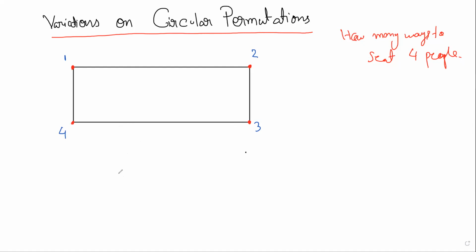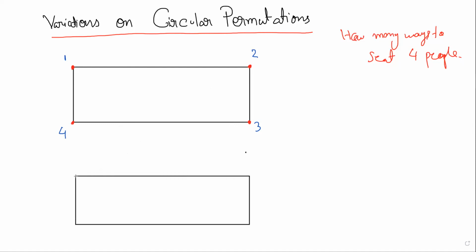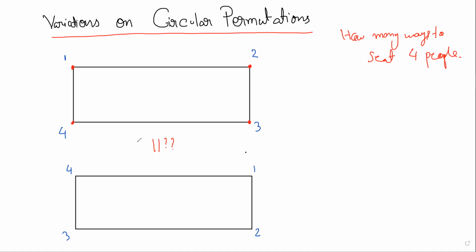Now, if I use the fact that it's a rectangle, and use our logic, then we can understand very clearly. If I put 4, 1, 2, 3, would you call these two the same arrangement or different arrangements?